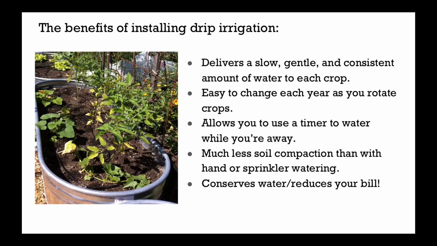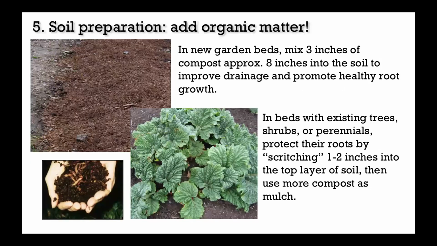When you're hand watering those crops, you have to be really careful that you don't accidentally wash the pollen out and make it impossible to get the food that will come from bees and other pollinators. So if you can do a simple drip irrigation system in your food garden, I think it really pays off.